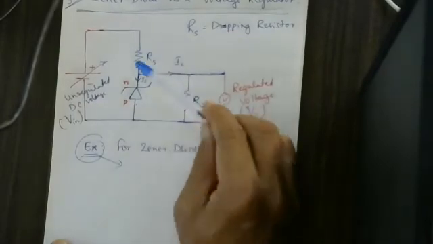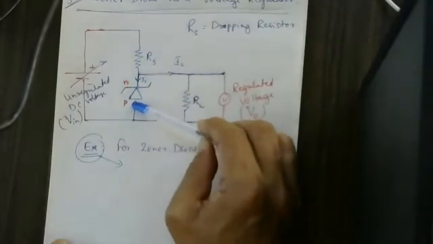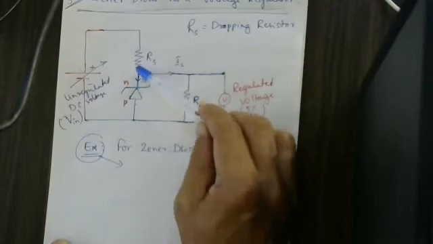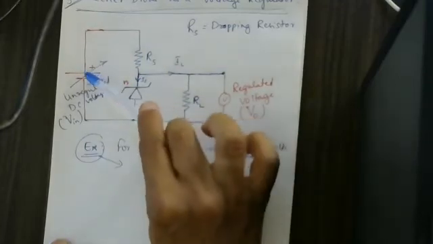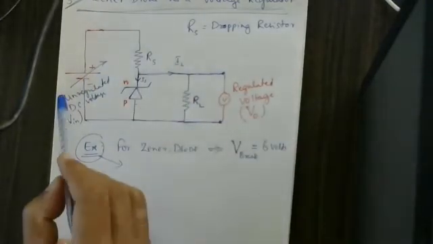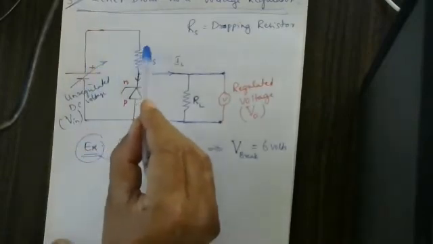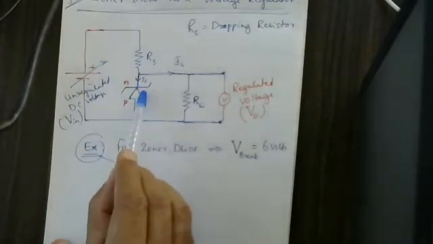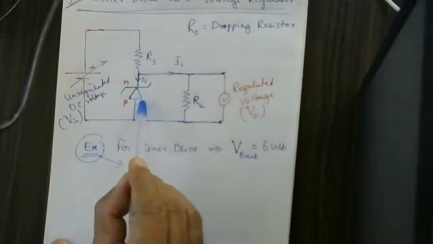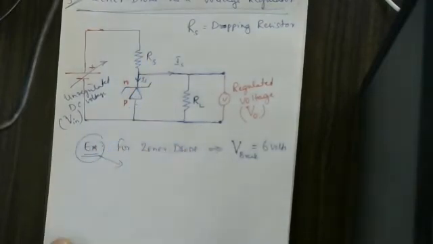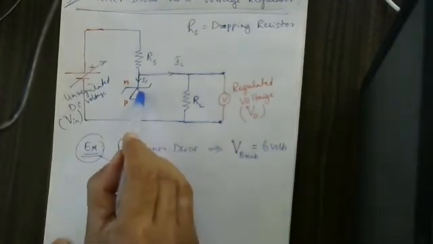As you increase the applied voltage, both voltages increase, but these two share the voltage, up to 6 volts across the Zener.